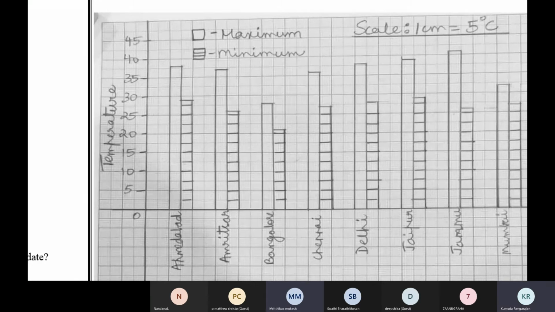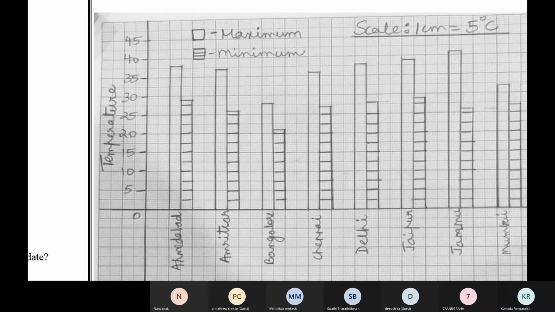Correct. So it's 5 by 10, correct? What is 5 by 10? Ma'am, 0.5. 5 by 10 is 0.5, correct? Ma'am, how to count in 0.5? We'll do that now. Do we understand 5 by 10 is 0.5, correct?